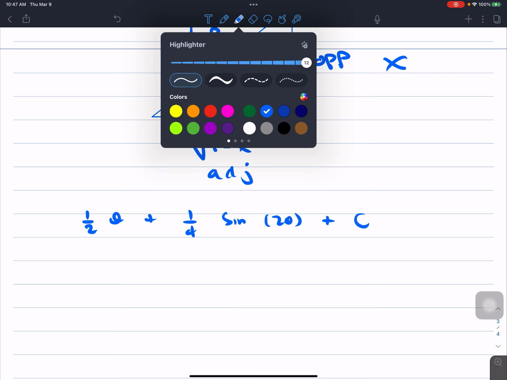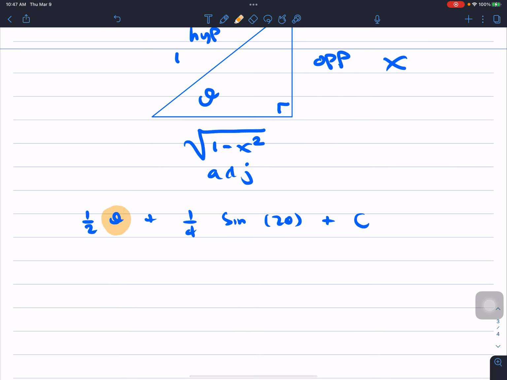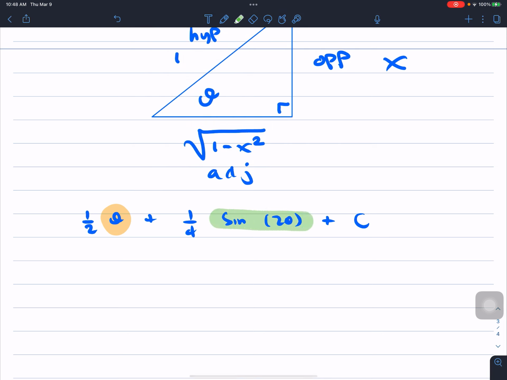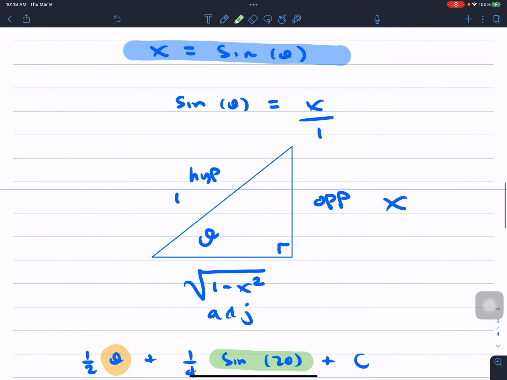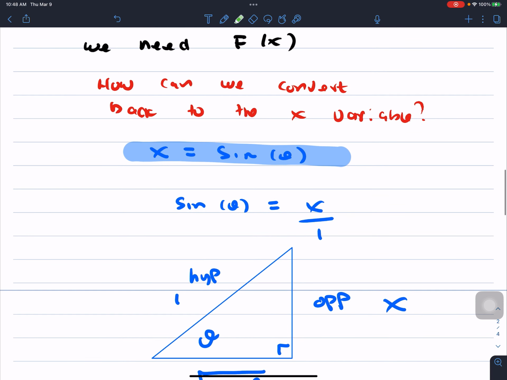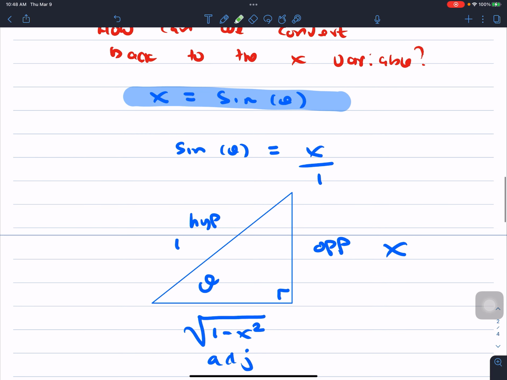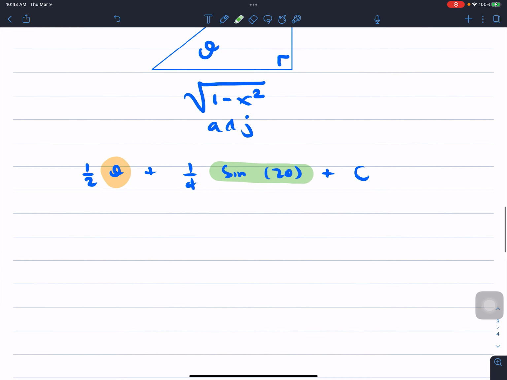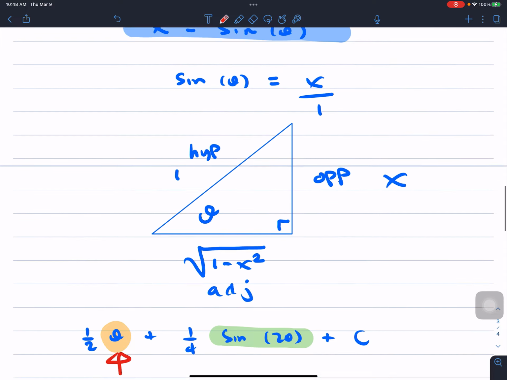So what I'm going to say to you guys is this. I'm going to try to color coordinate this. I need theta, and I actually need sine 2 theta here. And I have to deduce it from this information that we know. That comes from this right triangle in trig. Now, if I said to you guys, how do I get theta?